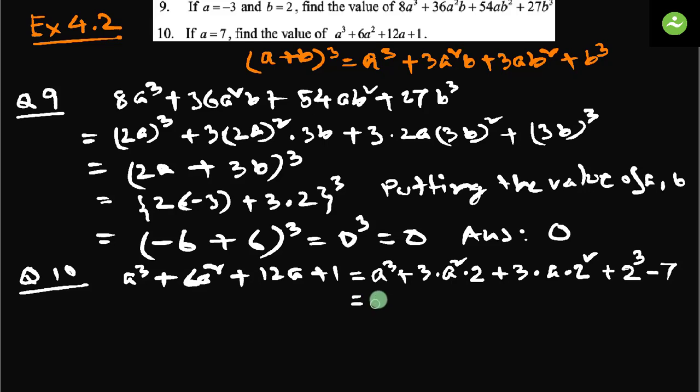We can apply the formula (a plus b) whole cube, and from a cube to 2 cube, this will be (a plus 2) whole cube minus 7. Let us put the value of a equals 7, (7 plus 2) whole cube minus 7.